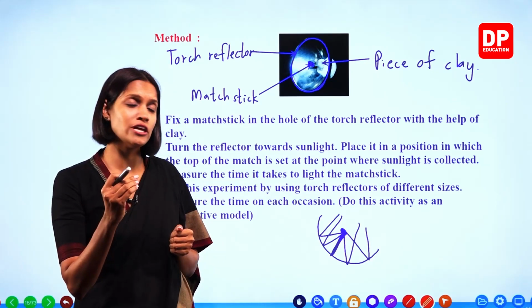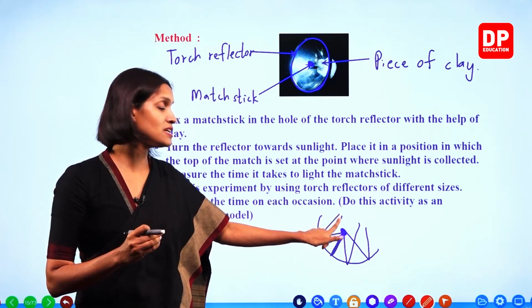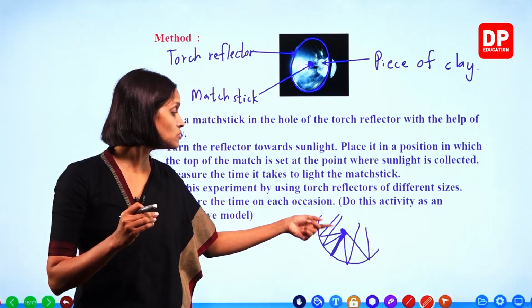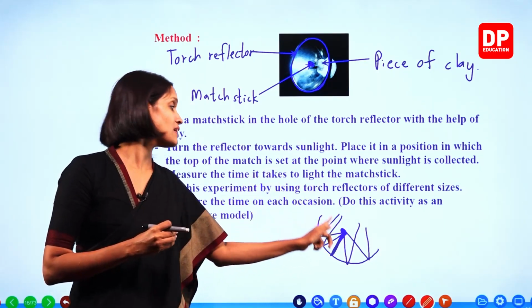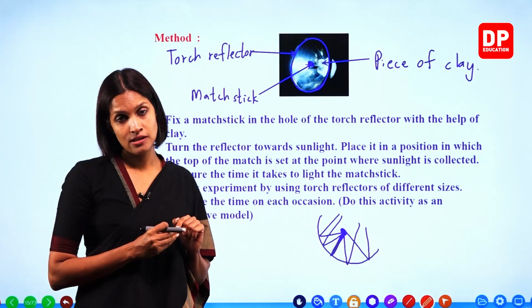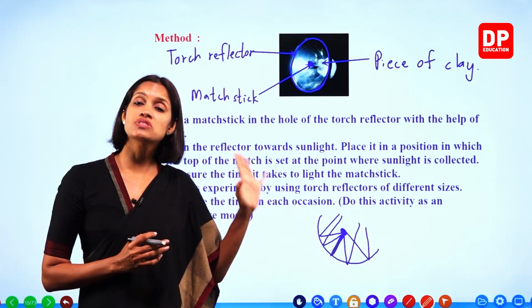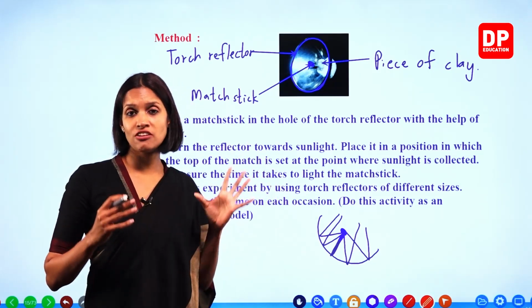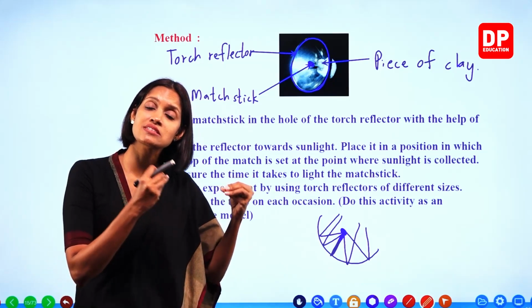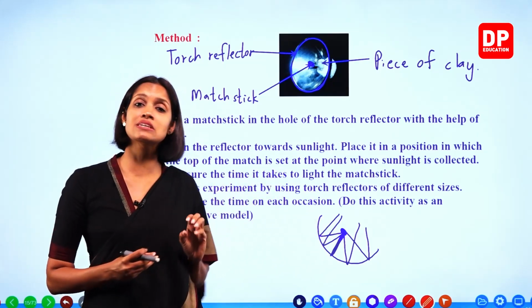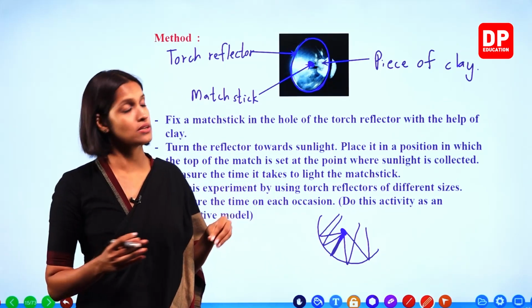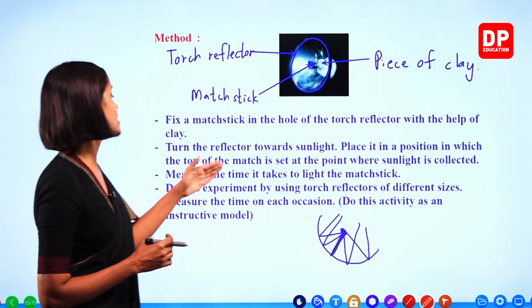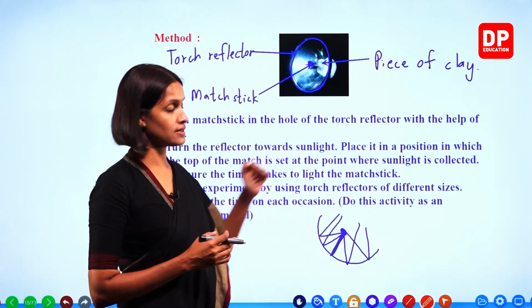And at one point, when the temperature is enough to light this matchstick, it will light up, right? So we are going to use different size torch reflectors and check whether the time taken to light the matchstick is similar or not. Okay, measure the time it takes to light the matchstick, right?